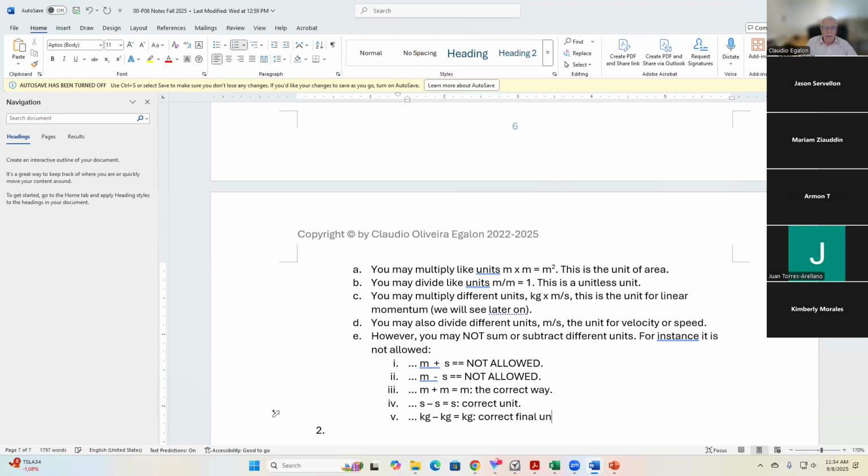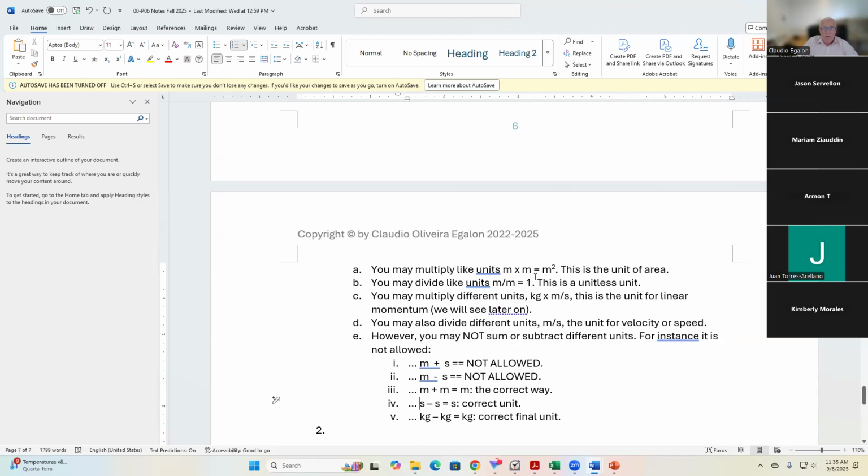Correct final unit. Those are the rules for dimensional analysis. You do not subtract one unit from the other. It's not going to be equal to 0. It's going to be equal to the unit itself, just like I mentioned before.